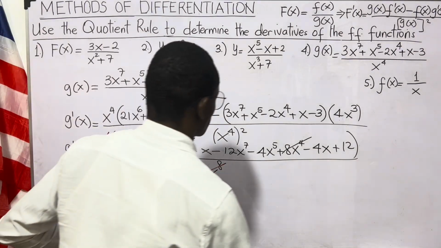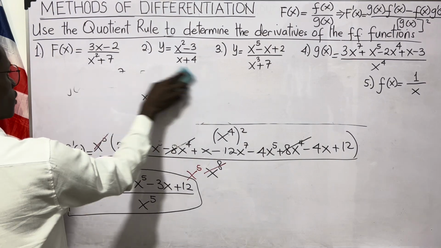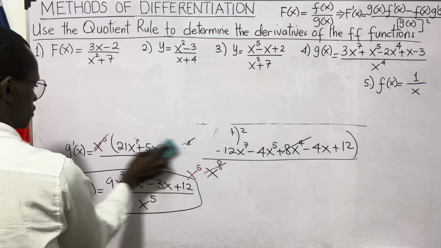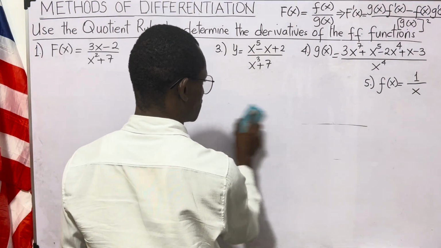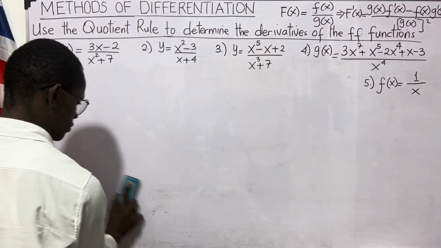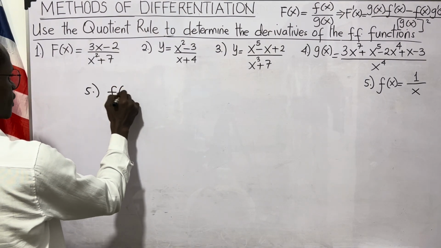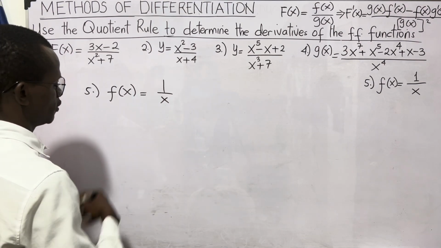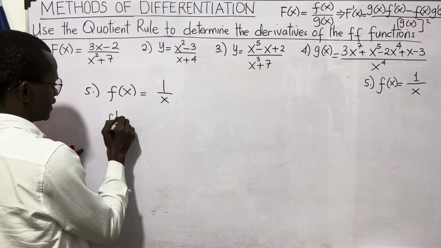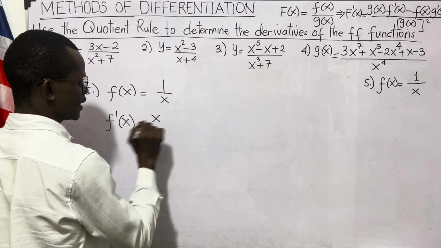So let's do the last one quickly. The last problem is just very simple. So question 5 says f of x is equal to 1 over x. So we apply the same rule. We hold the denominator, which is x.